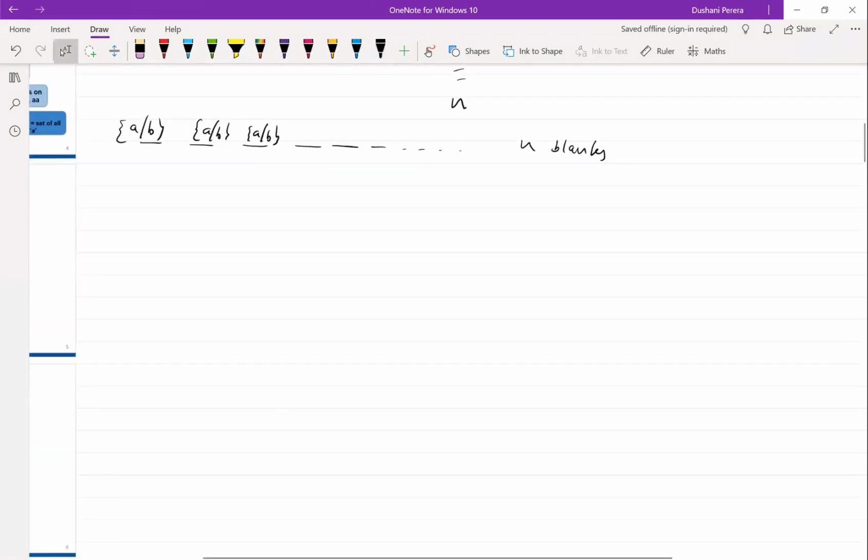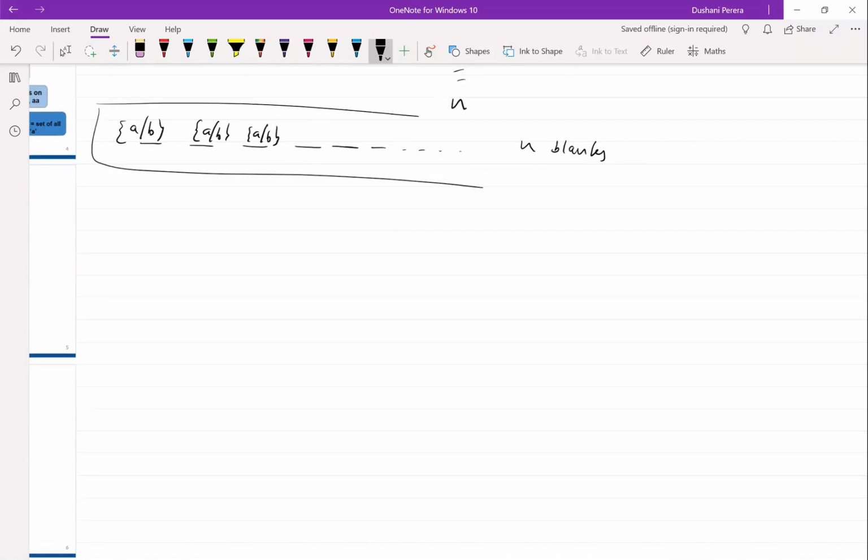Okay, now this is the string, which means I have 2 options to fill this blank, 2 options to fill this blank, 2 options to fill this blank, so on and so forth. I have 2 repeated n times, which means I have 2 to the power of n options to create strings of length n. Alphabet length to the power of n options to create strings of length n.